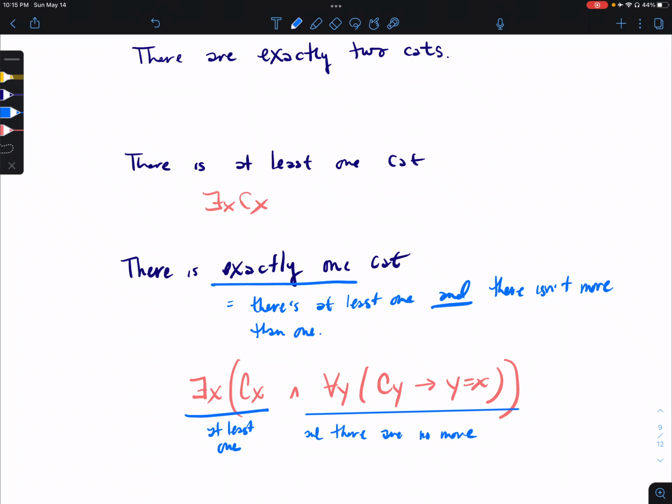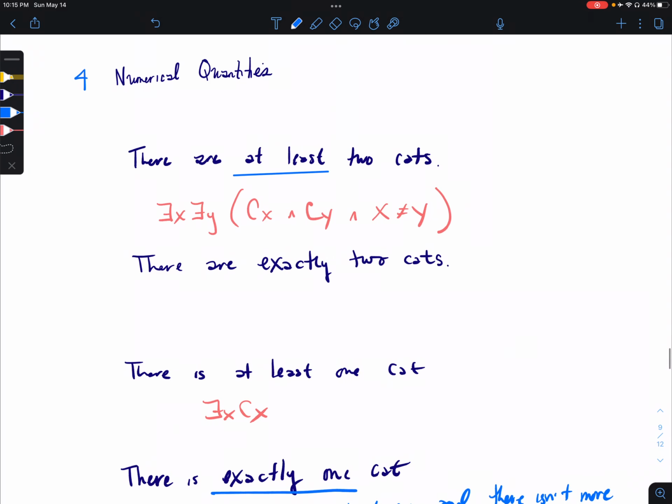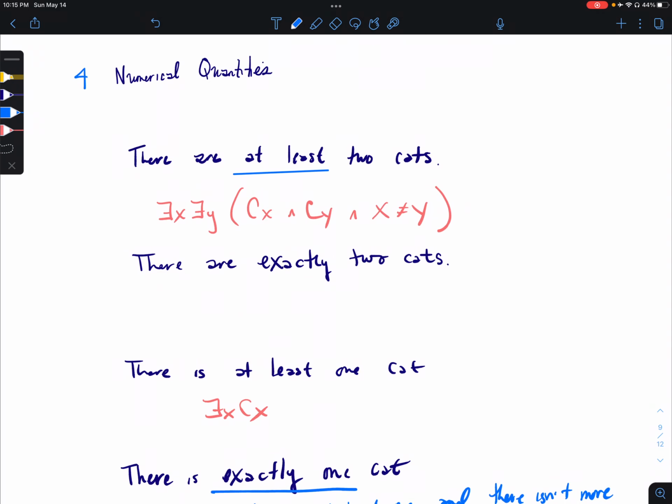Okay, so let's use that model then to say there are exactly 2 cats. There exists an X and there exists a Y such that X and Y are cats, and they're not the same, because so far all we've said is there's at least 1 in a redundant way, and they're not the same cat. So far we've expressed there are at least two. This says there are at least two.